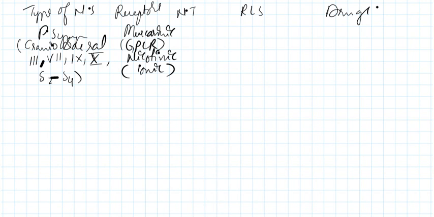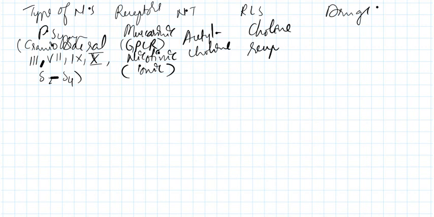What is the neurotransmitter in the complete parasympathetic system? It is acetylcholine. Now what is the rate limiting step in parasympathetic? Rate limiting step in parasympathetic is choline reuptake. That is the rate limiting step.